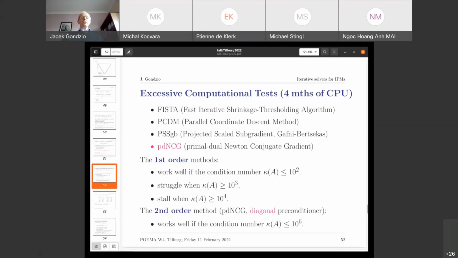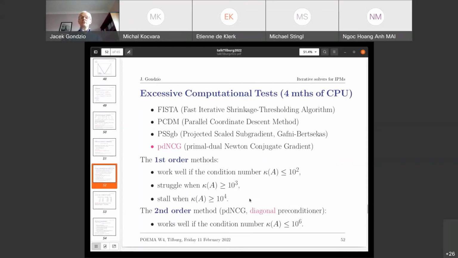And what we could see is that the first order methods work well as long as the condition number of the matrix is small. It does not exceed 100. They start to struggle if the condition number exceeds 1000. They completely stall. They do not converge. They can spend eternity cycling like a Brownian motion if the condition number grows.